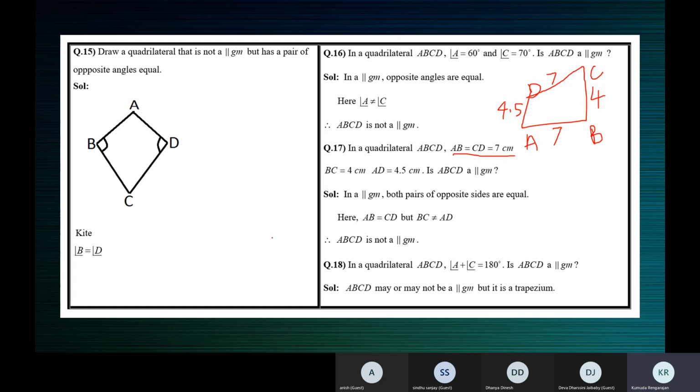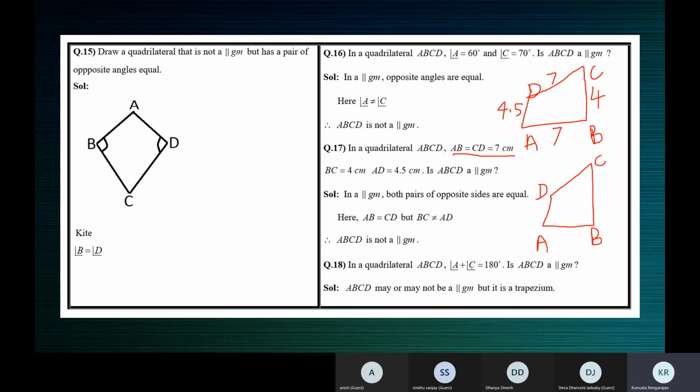Is it a parallelogram? Children, this is A plus B. There's a mistake here, not a printing mistake, sorry, my typing error.